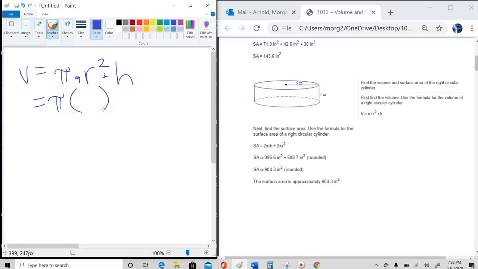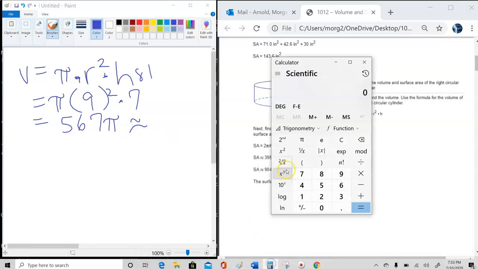R is 9 and it's squared, and the height is 7. So according to order of operations, we square the 9 first. So that would be 81 times 7. So that's 567 pi. And just put that in your calculator. So 567 times pi.